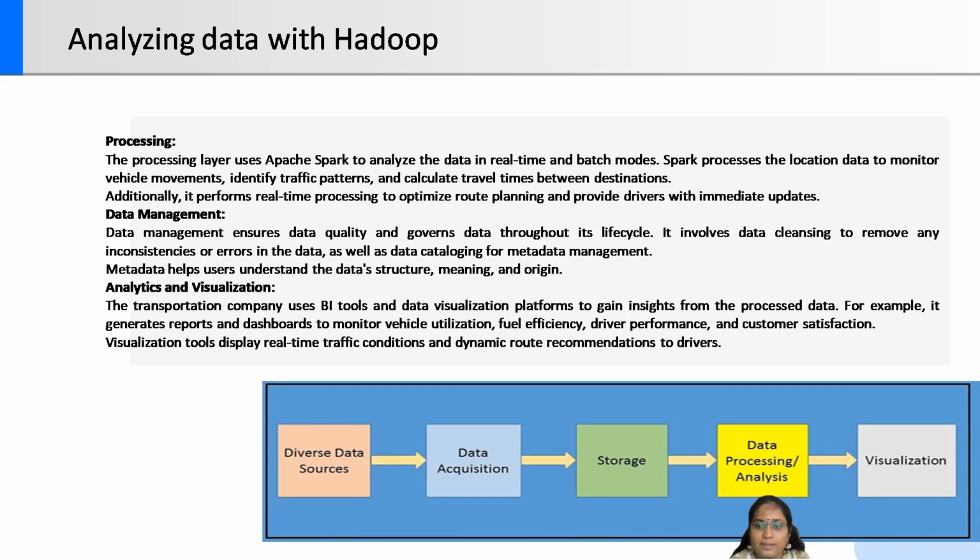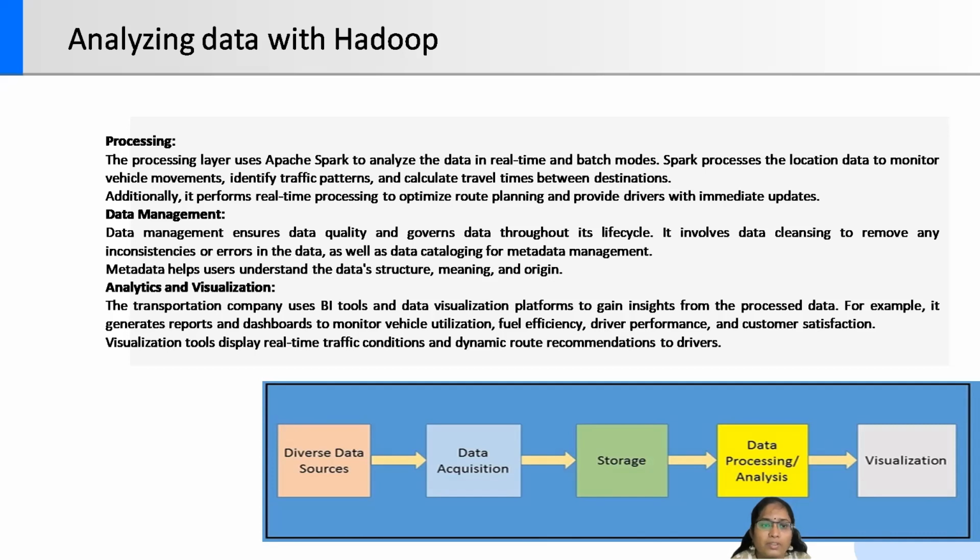The final step is analytics and visualization. Once you have collected, processed and stored the data and done some analysis, we have to give visualizations by connecting with BI tools. Power BI tools are data visualization tools to show how the data is processed.